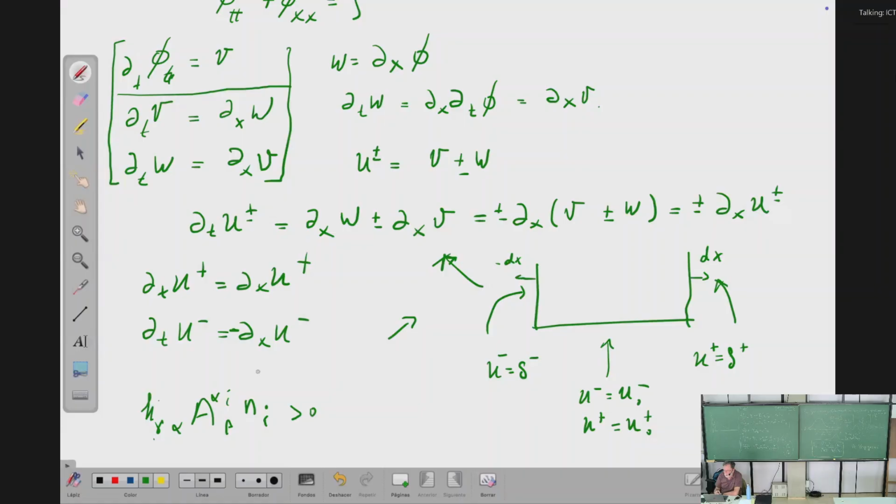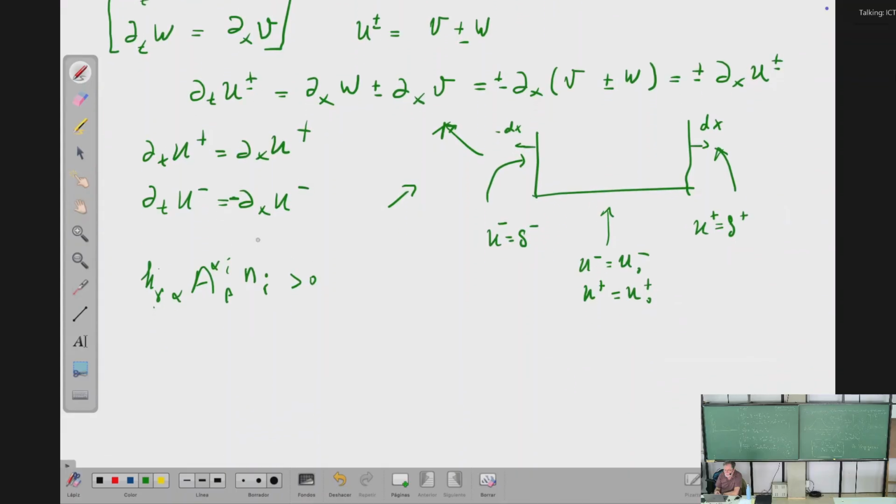Okay. But you can give some other conditions. For instance, on the right side, at x equal to L, you could give, instead of giving u plus as a function, something like this. So when some wave goes from here and hits here, there is an incoming wave.